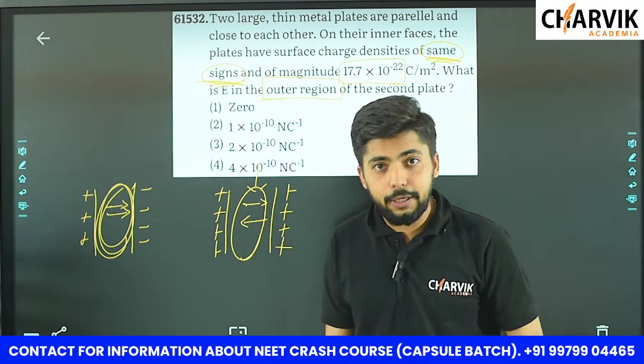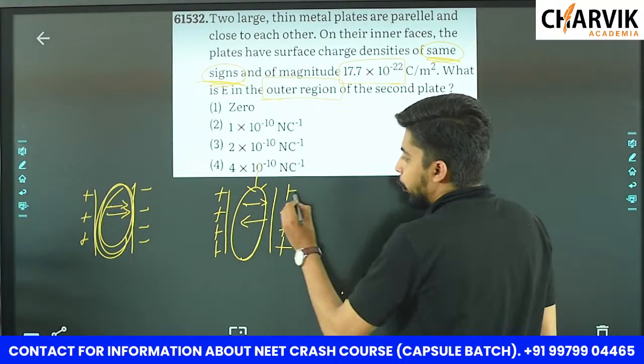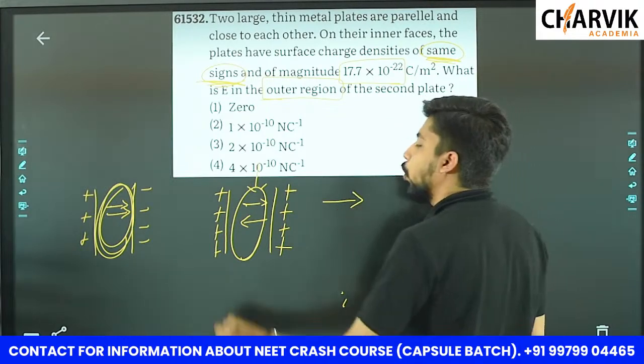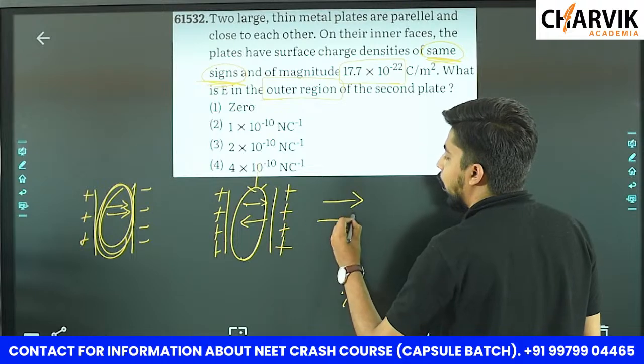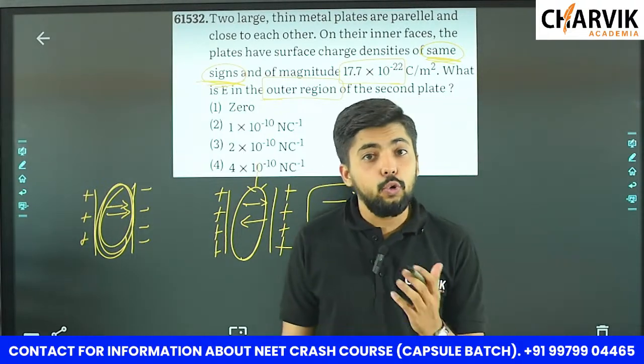They are asking you the electric field at the outer region. So for the outer region, due to this positive plate, the electric field will be in the outwards direction, and also for this positive plate, it will be in the outwards direction. So in the outer region, both the fields will add on to each other.